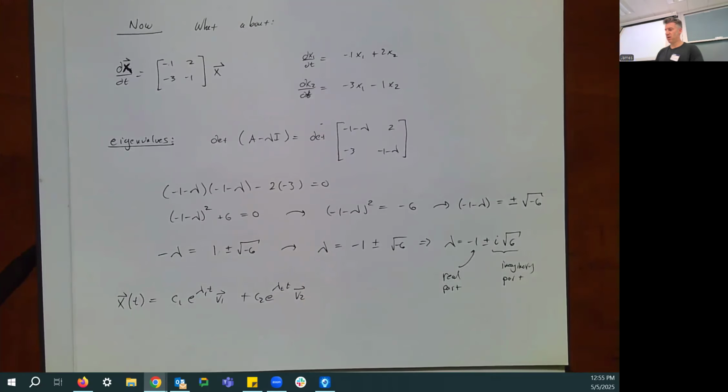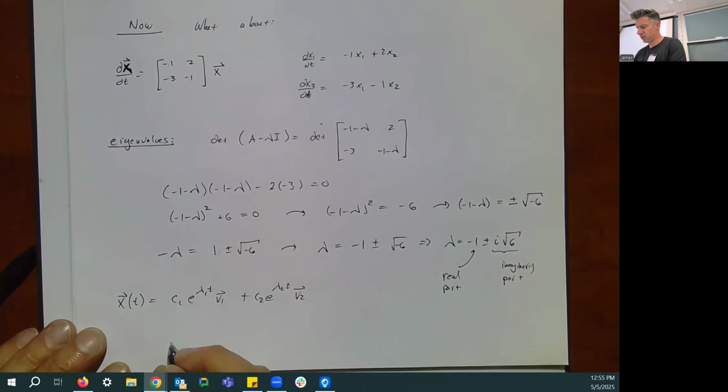Okay, but now we've got a lot more mess because our lambda 1 is this deal here, and our eigenvector is also kind of funky. So let's find the eigenvector.